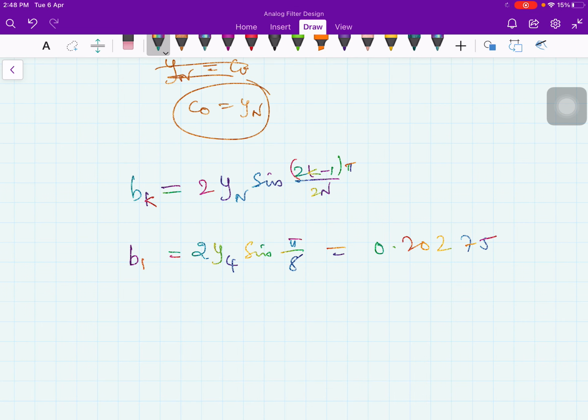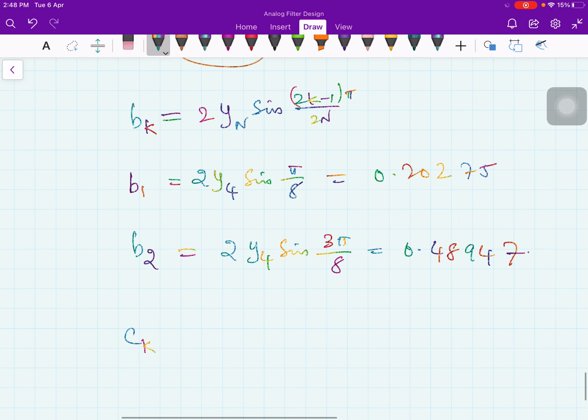And B2 is equal to 2 times y4 sine of 3 pi by 8, this is 0.48947.